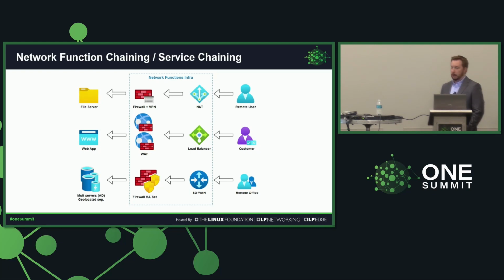And so what we're building out in this infrastructure and what this customer does have running in production are things like NAT or CG-NAT functions, firewall and VPNs, web application firewalls, load balancers, and so forth.